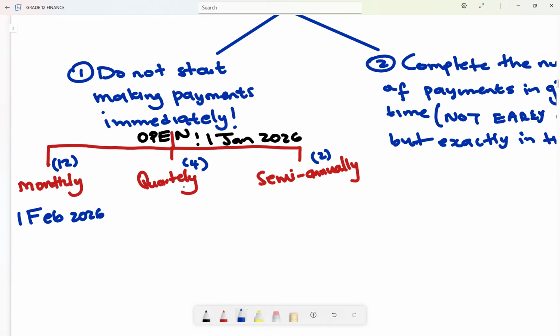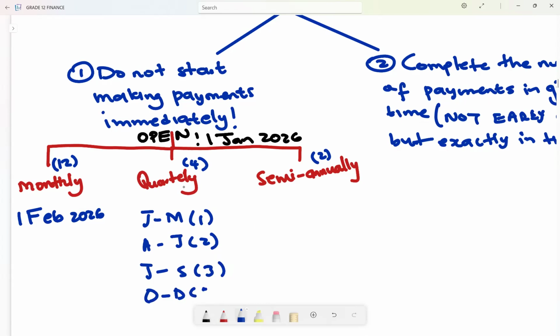If your interest rate is quarterly, after opening your account you need to skip the first 3 months, because you will be paying after every 3 months. January to March, your first payment, then April to June, your second payment, July to September, your third payment, October to December, your fourth payment. Can you see 1, 2, 3, 4? Hence it is 4.